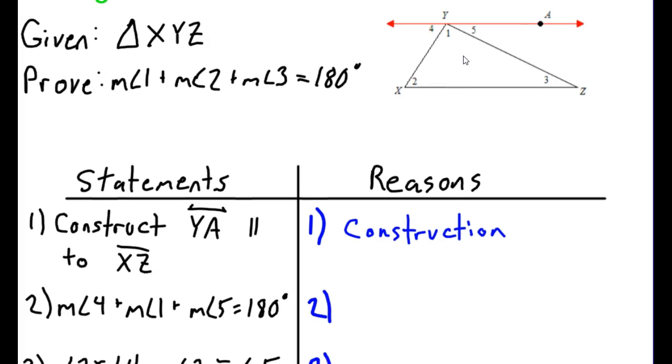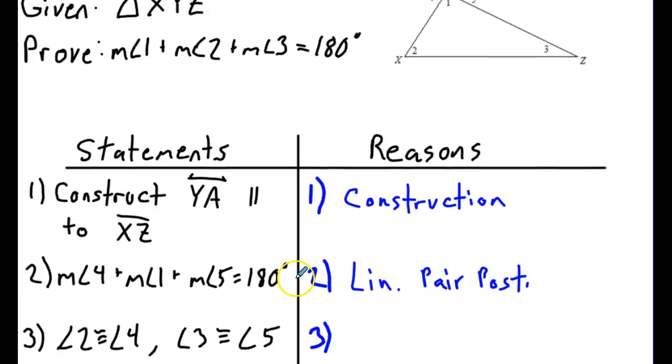And this is a form of the linear pair postulate. And this is something we will discuss in class. There's actually another part to this we should discuss and add to this proof, but we'll just talk about that in class. That's the linear pair postulate for step number 2.